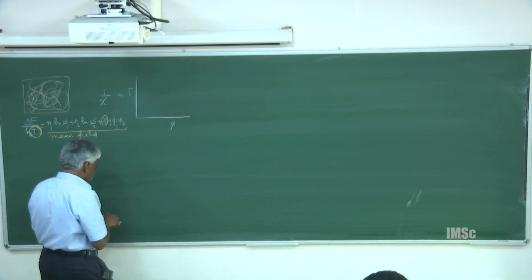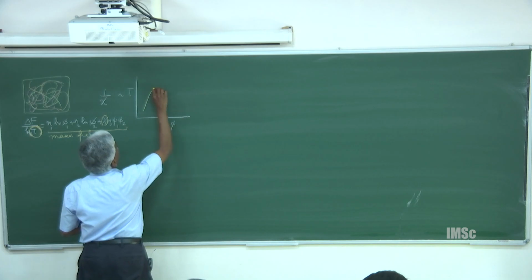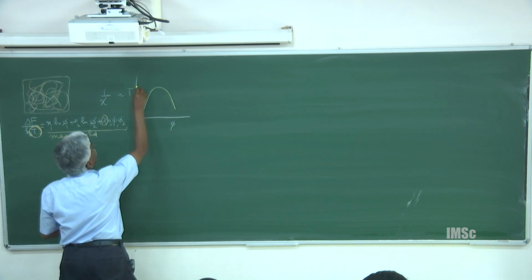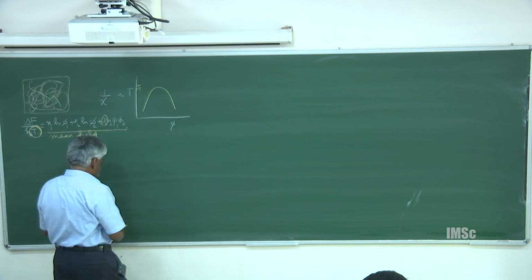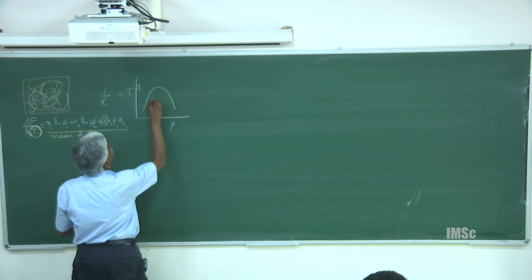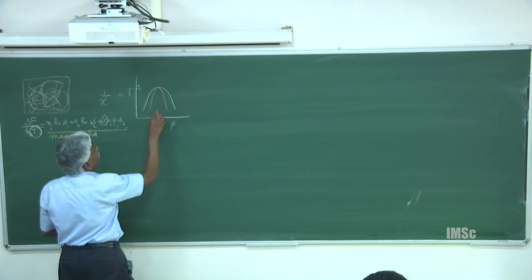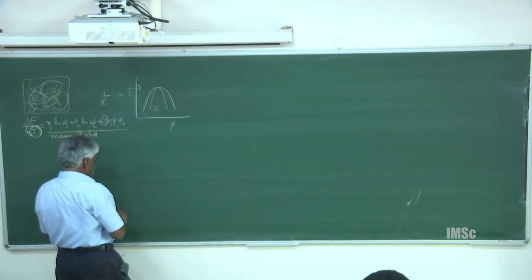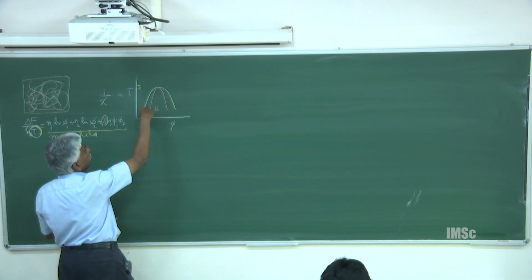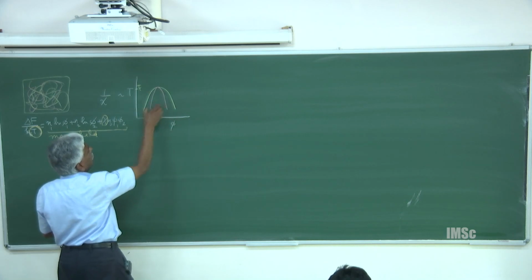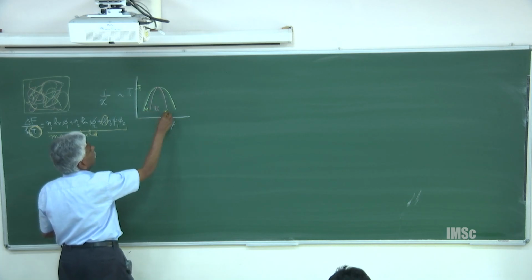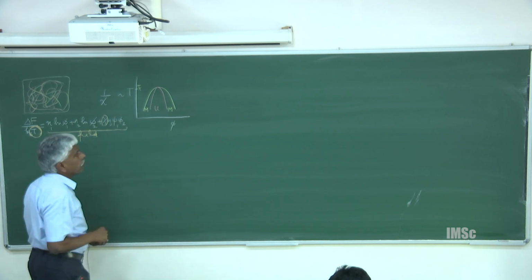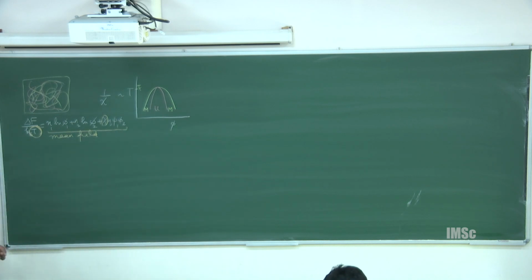We had a coexistence curve like this with a critical temperature Tc and a spinodal curve like this. Inside this is completely unstable. Between the envelope of this yellow curve and the red curve, we have metastability. That was what we did in the second lecture.